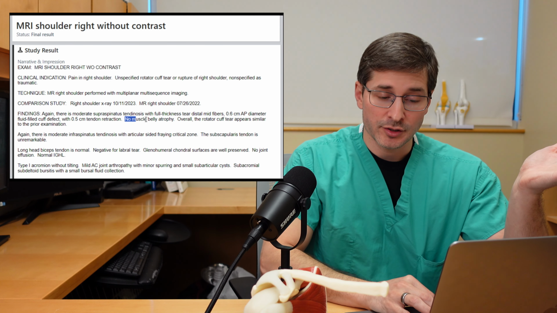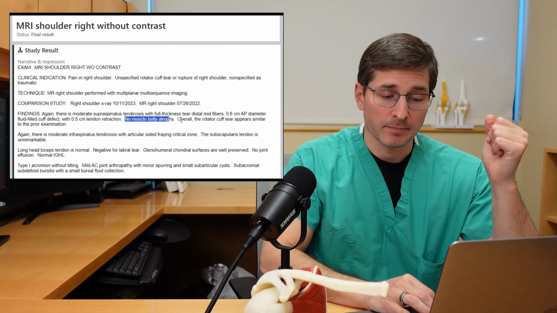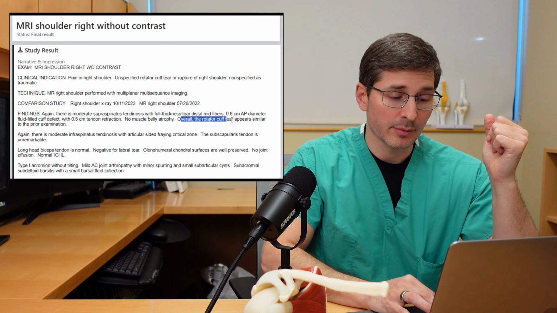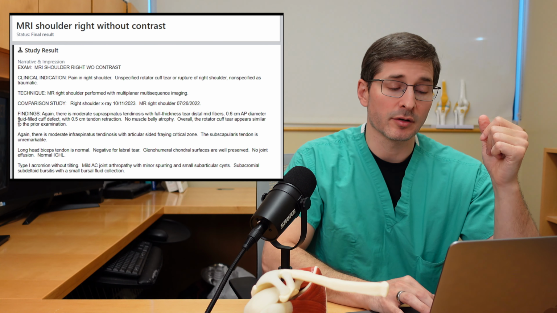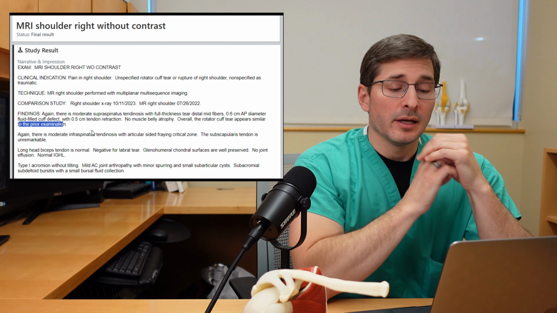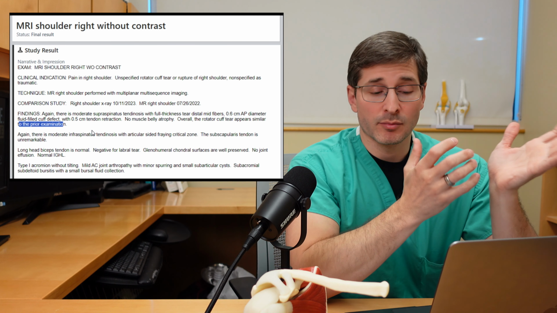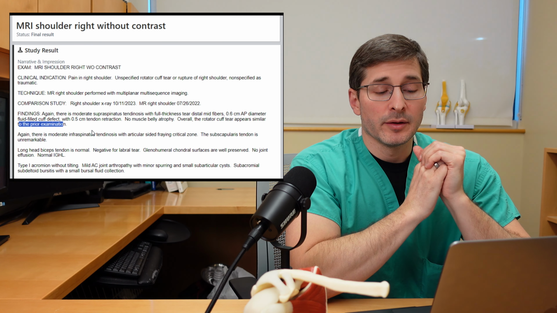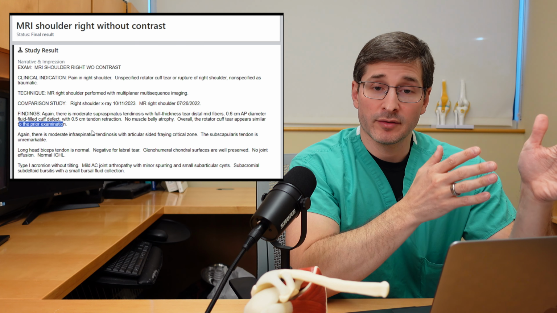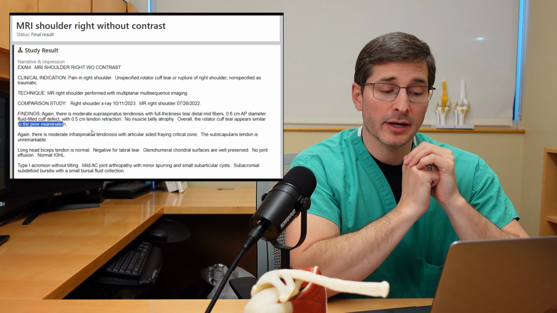There's no muscle belly atrophy. Overall, the rotator cuff tendon appears similar to the prior examination. So that's helpful because this patient probably had a small tear before. It was giving them some problems. It was felt that an MRI was warranted to evaluate the shoulder, and they saw this small tear.